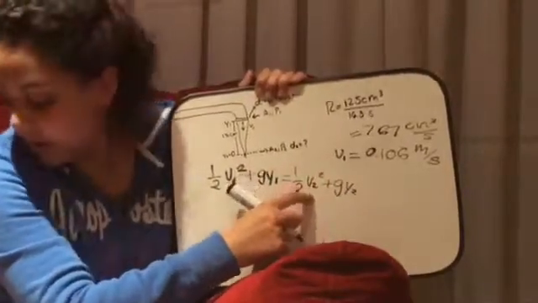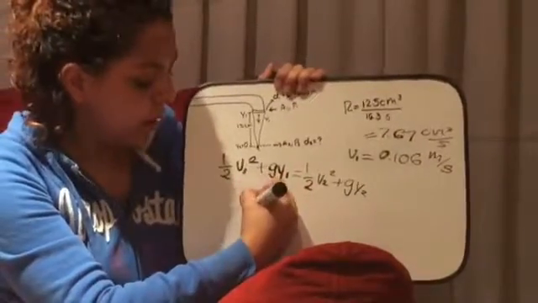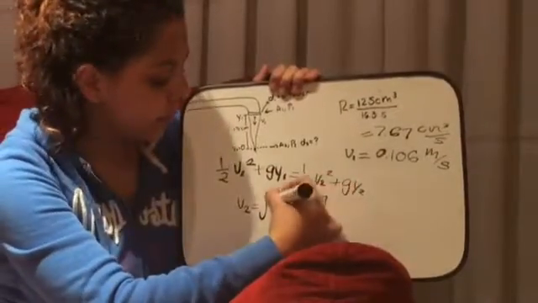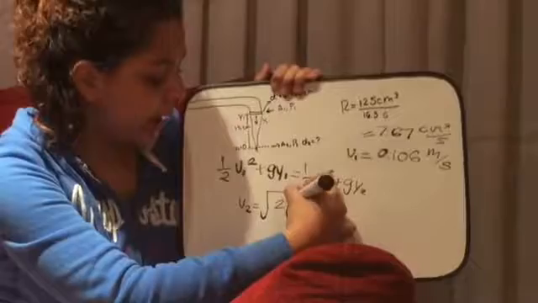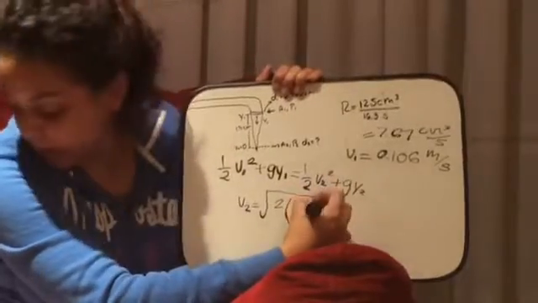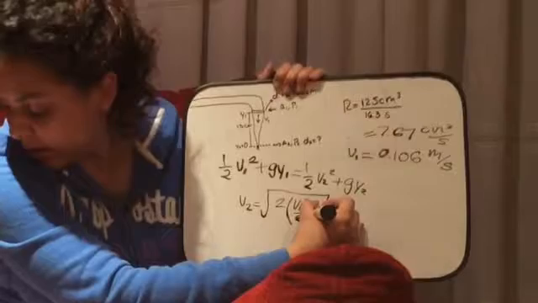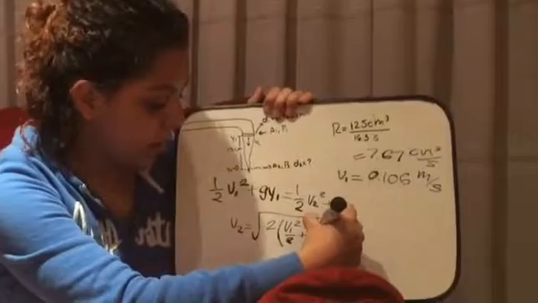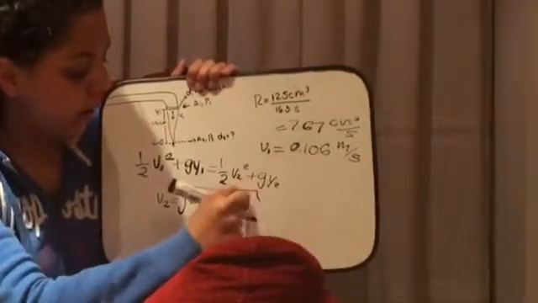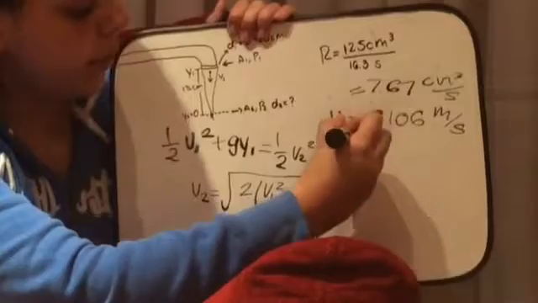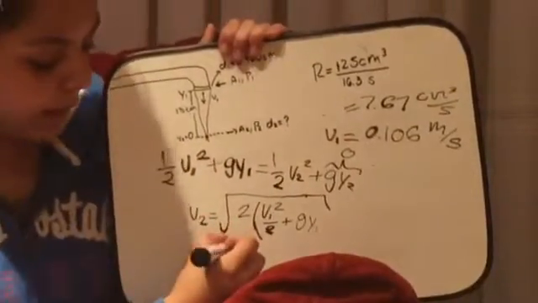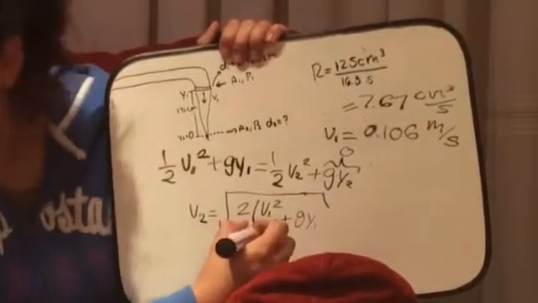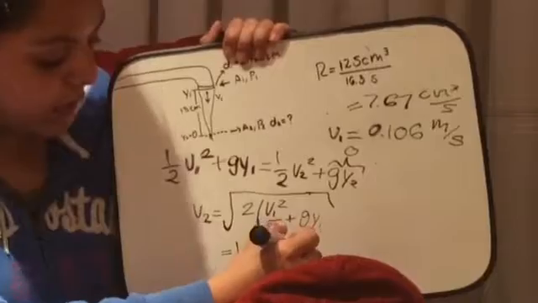So what we want to know from this is the velocity number 2, which should be equal to the square root of 2 times velocity 1 squared divided by 2 plus g times h1, because as we know, this value will be equal to 0, and well, this value ends up being equal to 160 centimeters per second.